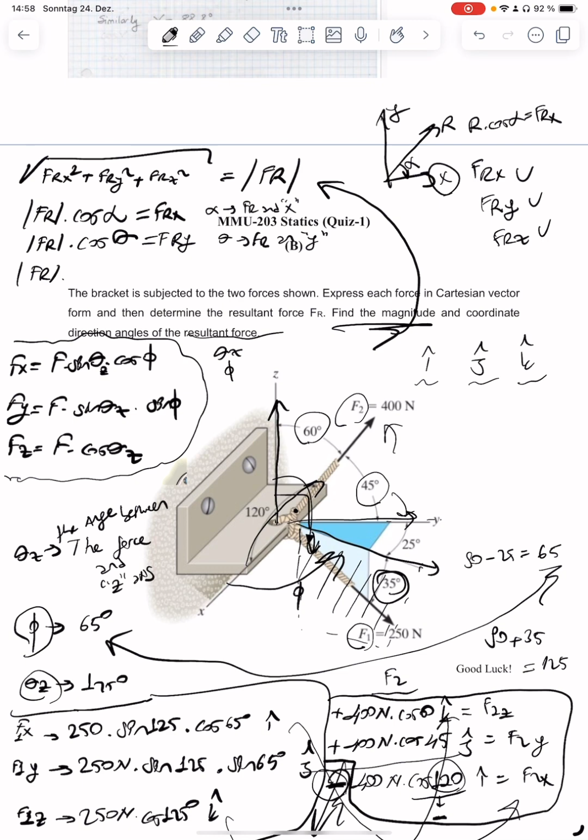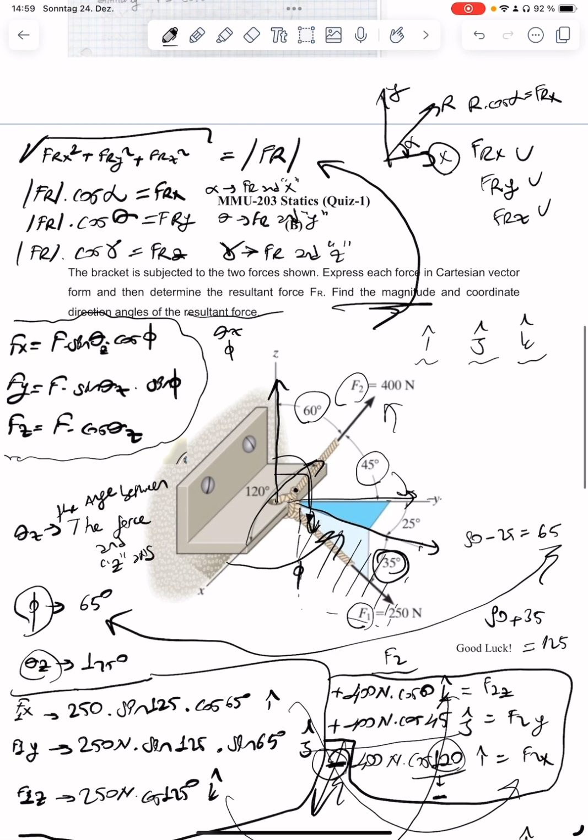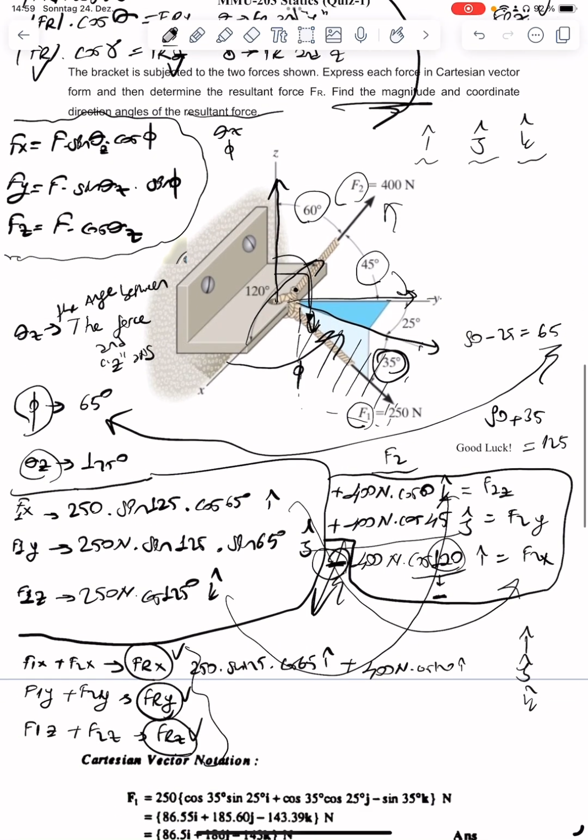And also the magnitude of the F resultant times cosine gamma is equal to the resultant force in the z-axis. Gamma is between F resultant and the z-axis.